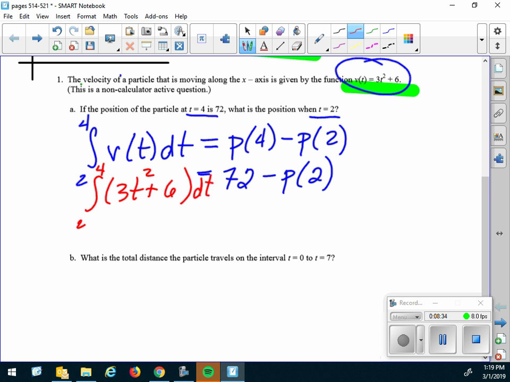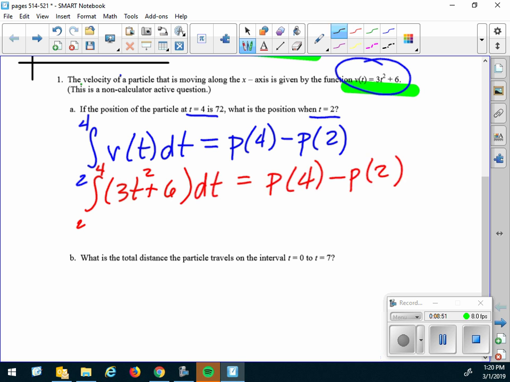So let's integrate that. What's the integral of 3t squared plus 6? T cubed plus 6t, good. And we're going to evaluate that from 2 to 4.